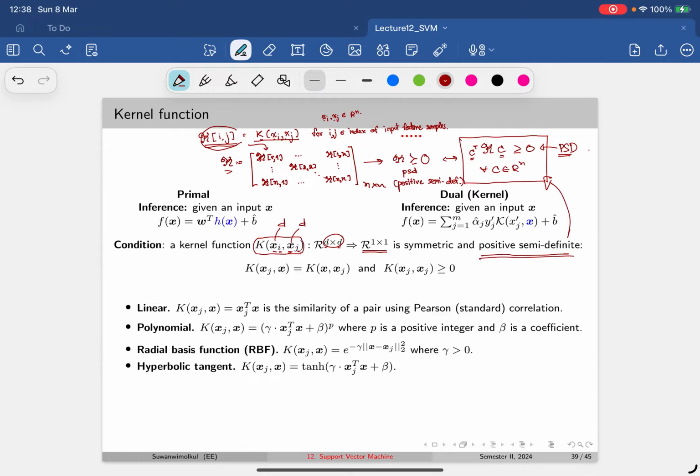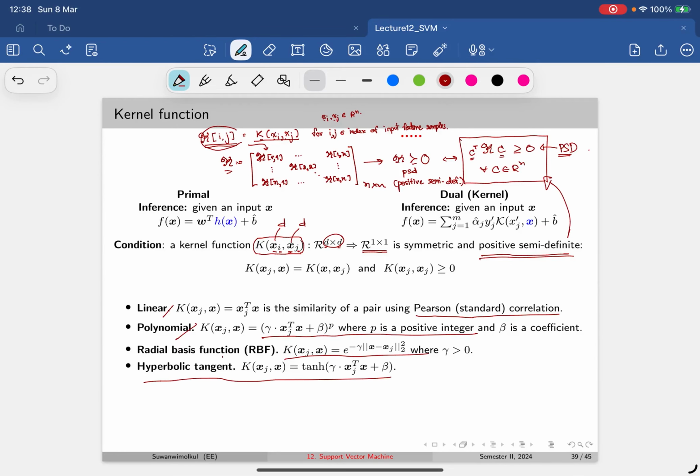In fact, there are many functions that satisfy this condition, like the linear mapping kernel, which is also known as the Pearson standard correlation, the polynomial kernel function, which is defined in this way, the radial basis function, and the hyperbolic tangent function.